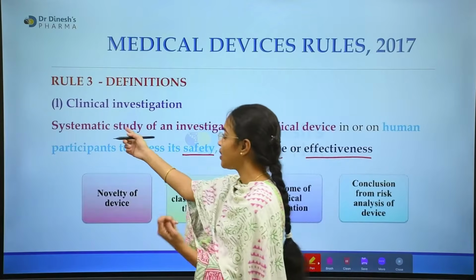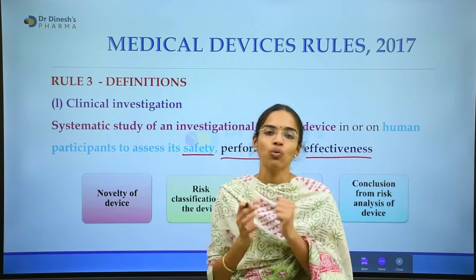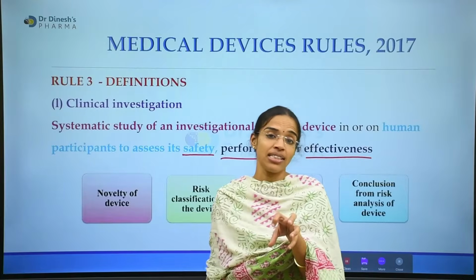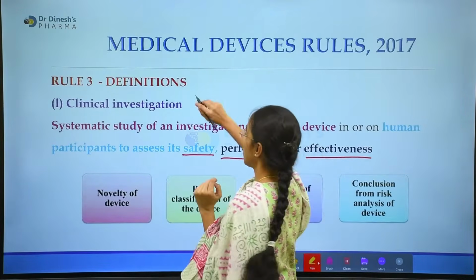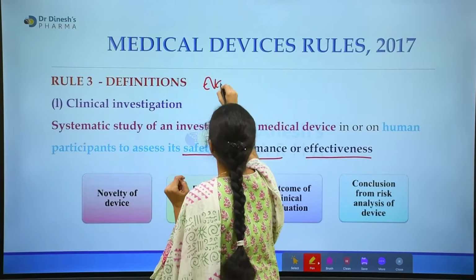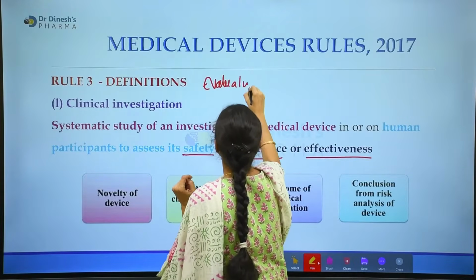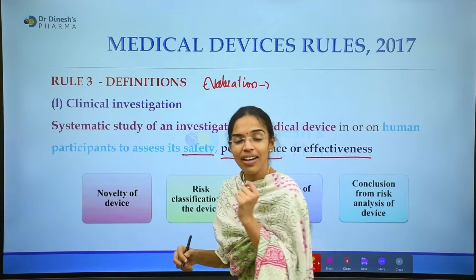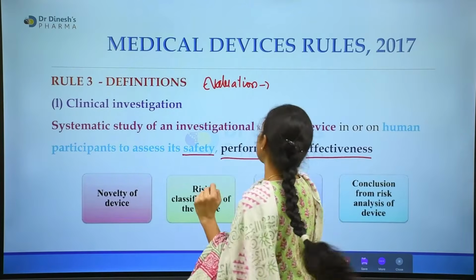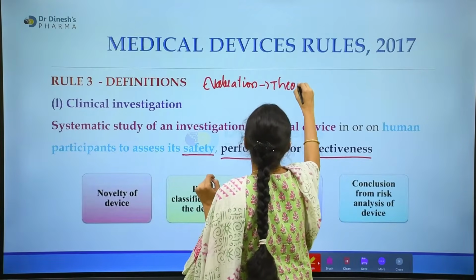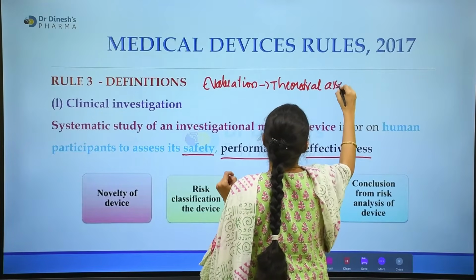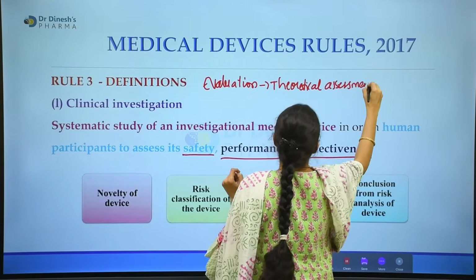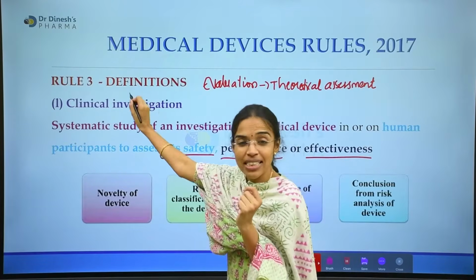Investigation is a direct systematic study in human volunteers, whereas evaluation is a theoretical assessment.